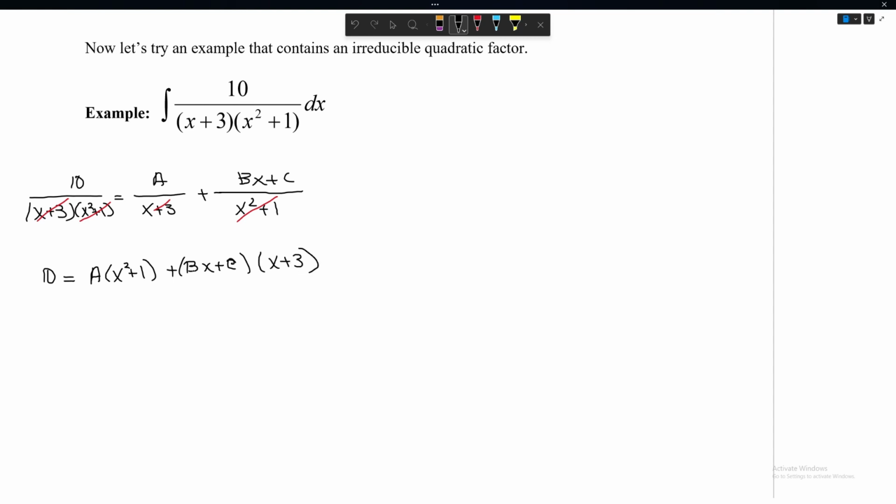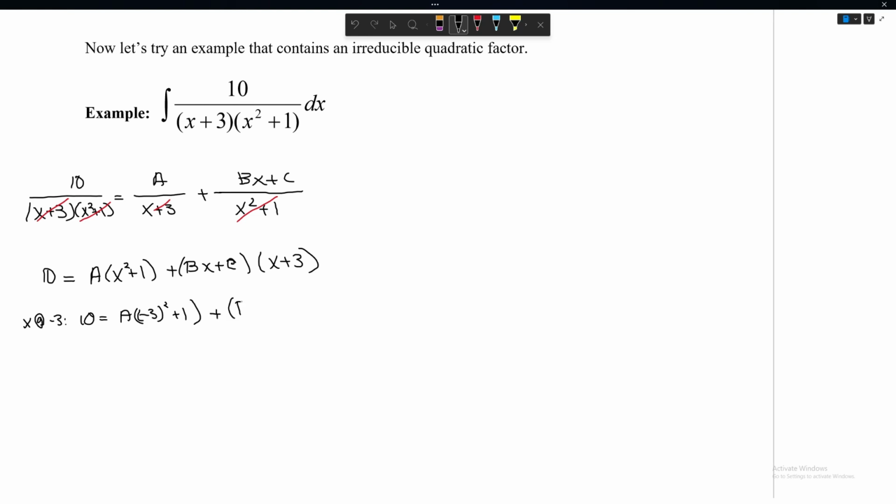Now the question is, well, what can I set so that one of these cancel out? And if you notice, if I set this to negative 3, this whole thing will go away. And so let's say x at negative 3 is 10 equals a times negative 3 squared plus 1, right?